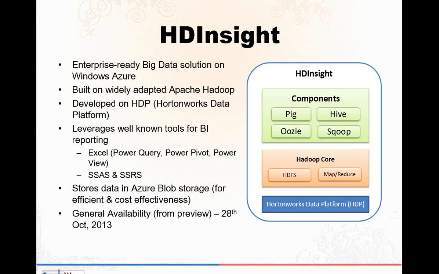So Excel with Power Query, Power Pivot, and Power View, which are very powerful in the BI space today, can easily connect to the HDInsight cluster that is hosted on Windows Azure.